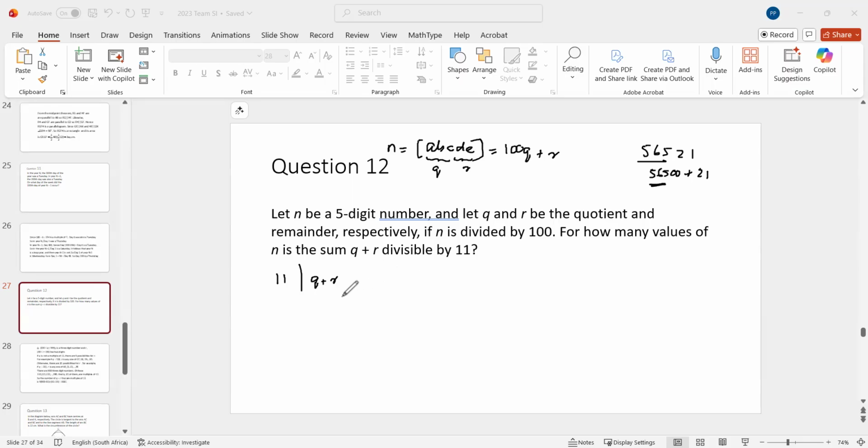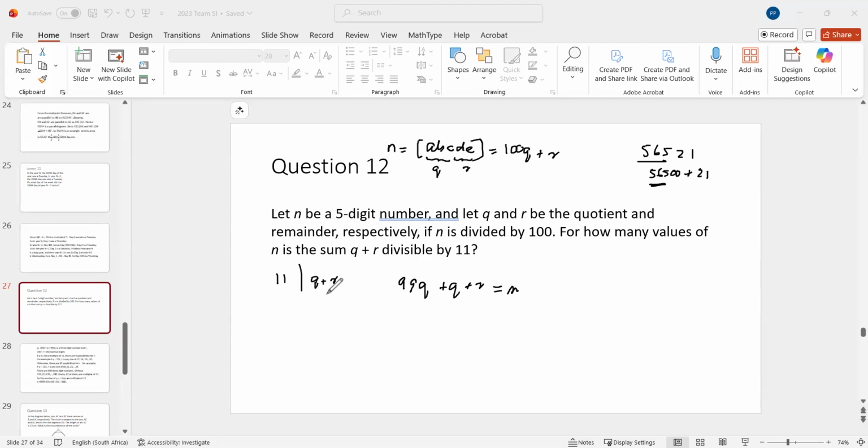Well, you have to add 99Q. So let me add 99Q, and I want 100Q. So I want 99Q plus Q plus R. That is your 100Q plus R. This is equal to your n.